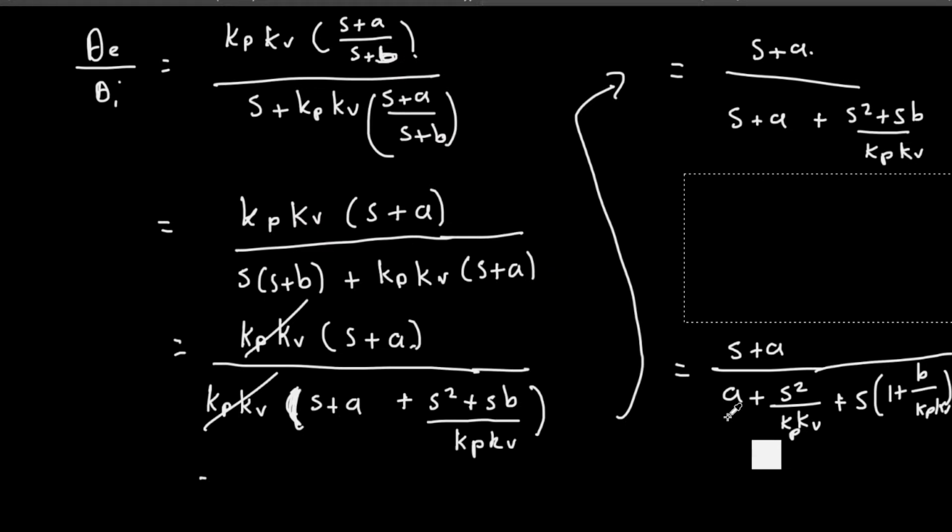Now from this one you can see this part here, 1 plus b over kpkv. We know that b is a very small number, right? Let's mention it again: b is very small.